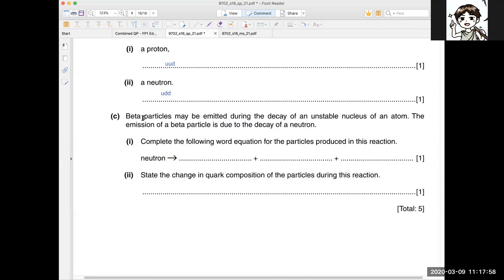The beta particle may be emitted. This is beta decay. Word equation, not a symbol equation. So this one is proton plus electron, or you can say beta, and then antineutrino.